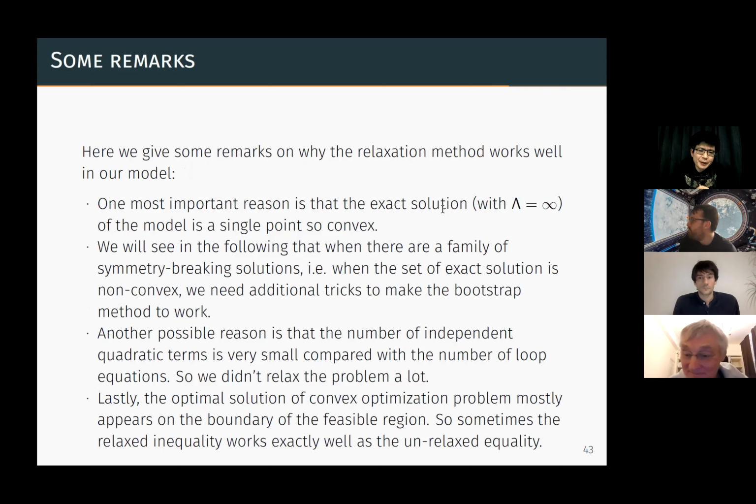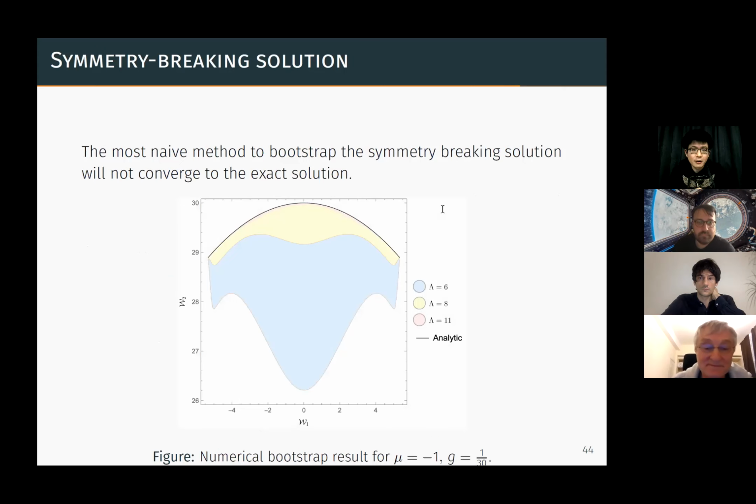First, the most important reason is that the exact solution of the model is a single point, so it is convex. The exact solution is convex, so our method makes sense. In the symmetry breaking case, the exact solution is a curly curve, so it is non-convex, like the case we have already shown in the one matrix model.